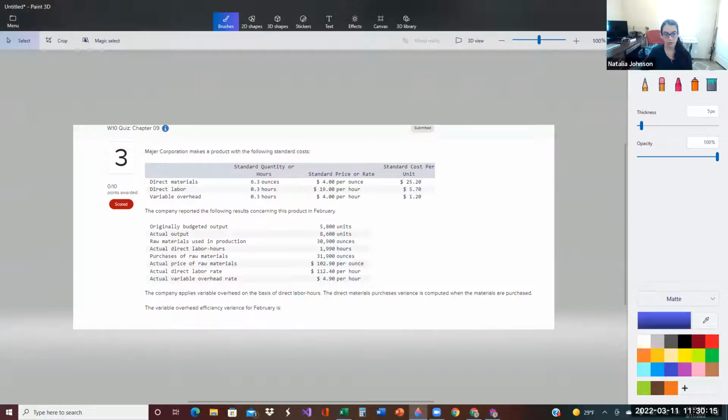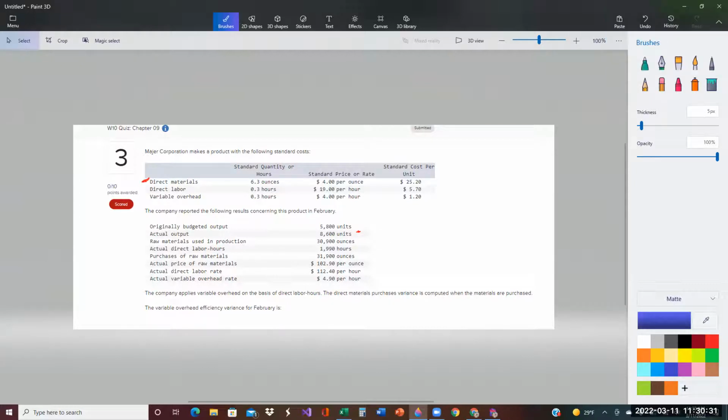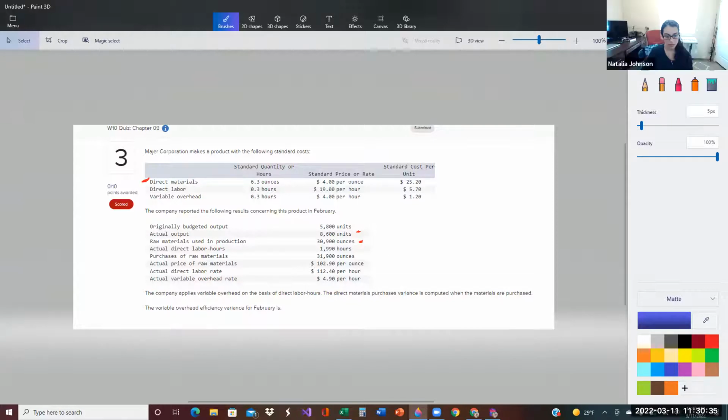So we care about this first column right here. Again, the units will be important. Not that one, the second one. The raw materials is important, the actual raw materials used, the purchase raw materials, the actual price of raw materials.